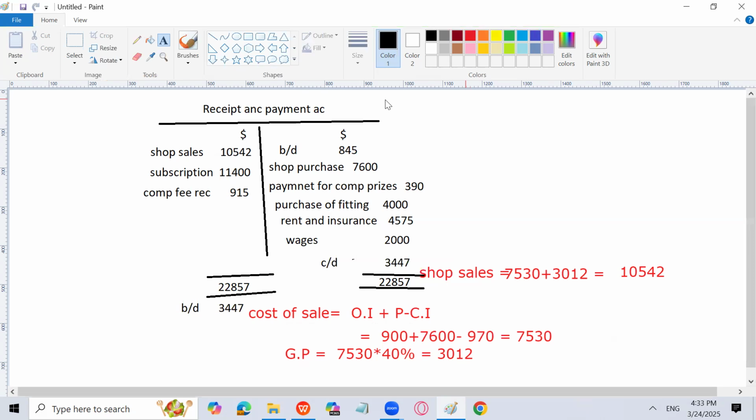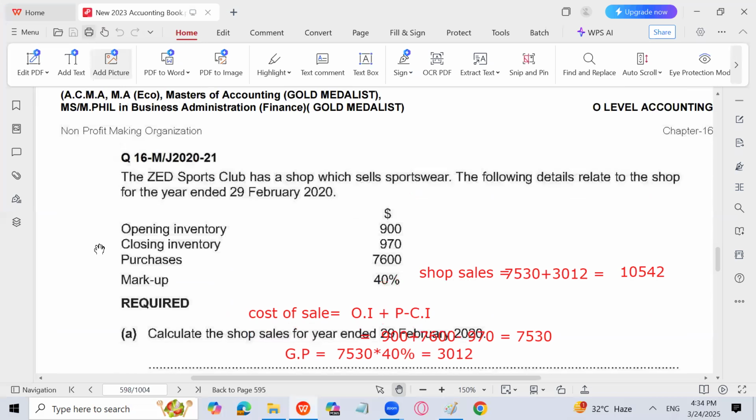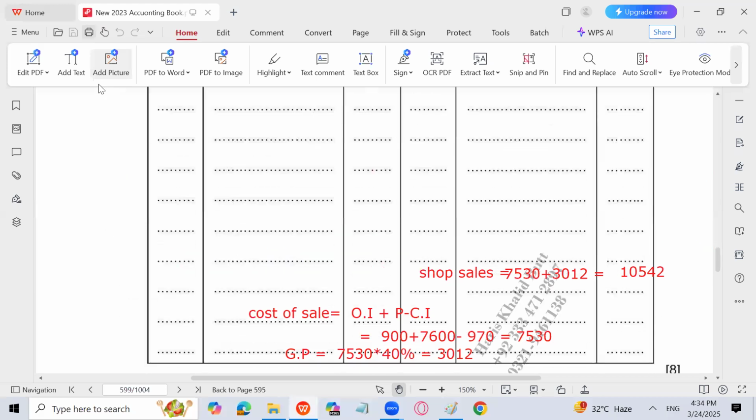Since that time, receipt and payment account has never come in the question. Since which time? Since May, June 2021, it hasn't come.